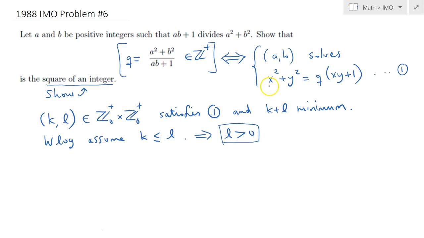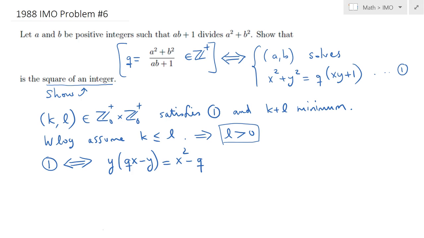So what I will do is recast 1. Equation 1 is equivalent to the following expression. After I organize it and rewrite it carefully, qx minus y equals x squared minus q.